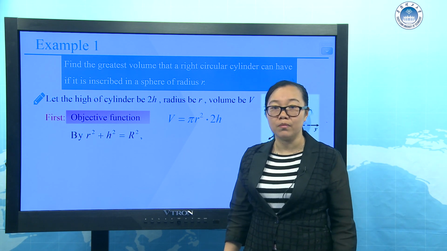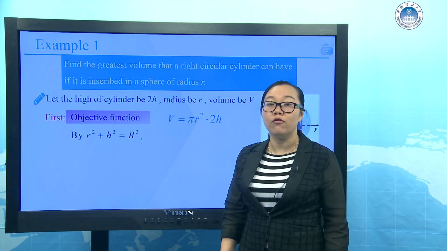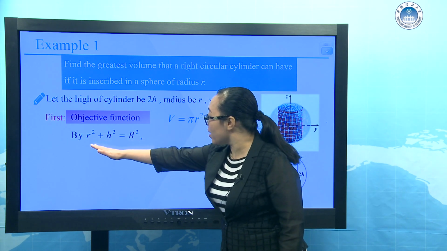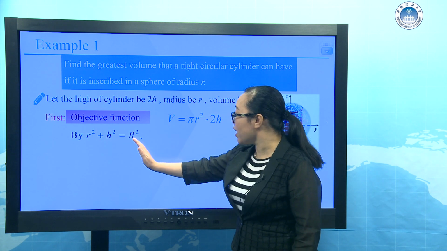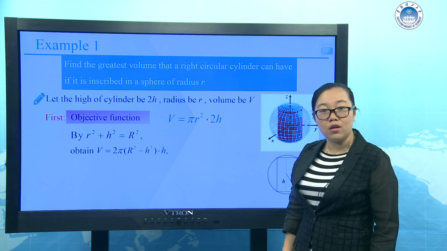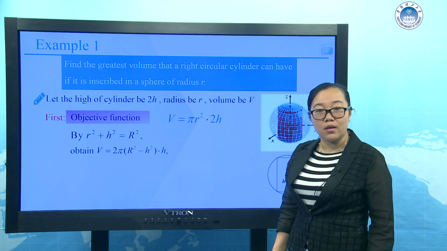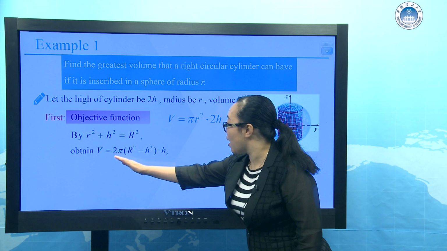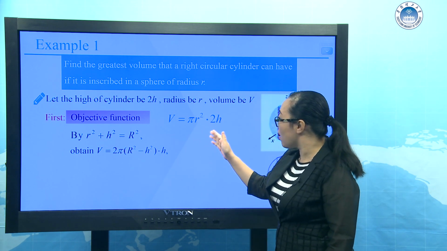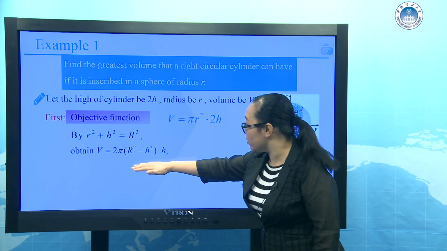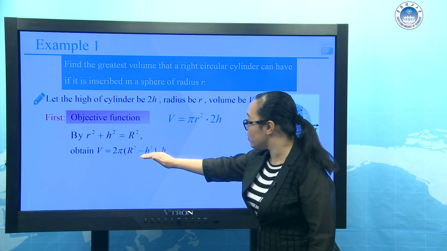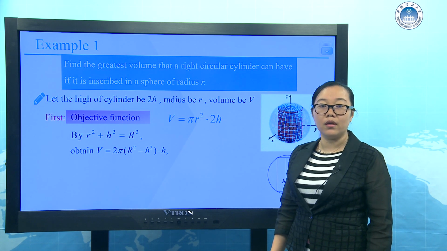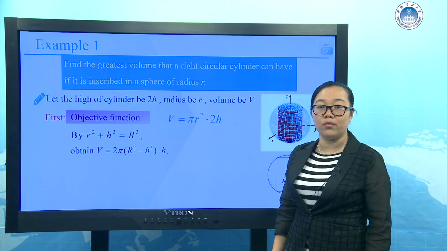Try to make the objective function a function of one variable. By r squared plus h squared equals R squared, we can get the relationship between h and r. So V equals 2 pi h times, where is our r squared? It equals R squared minus h squared. So now our objective function is a function of one variable.